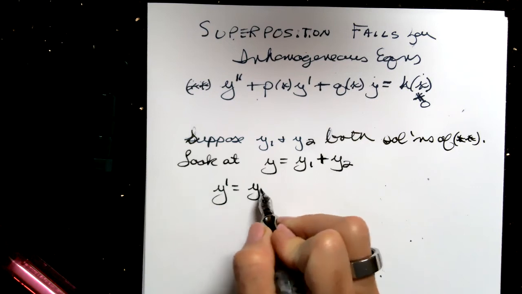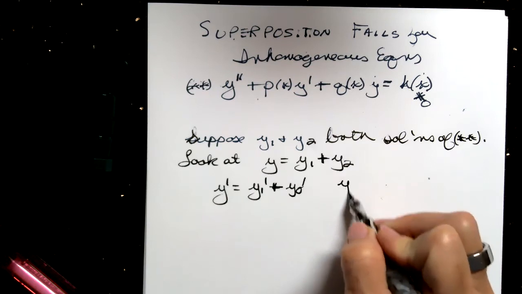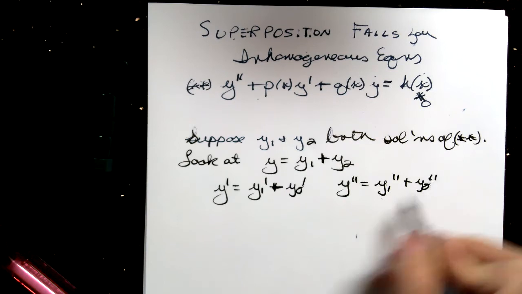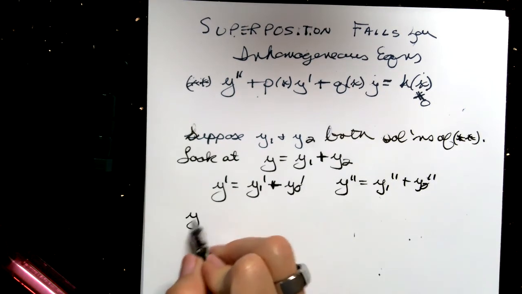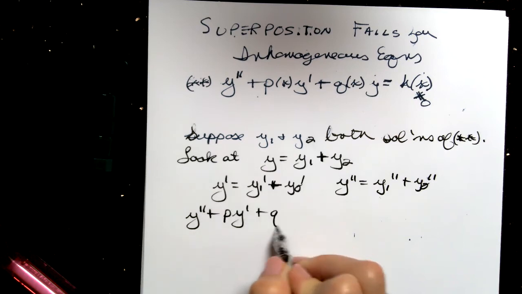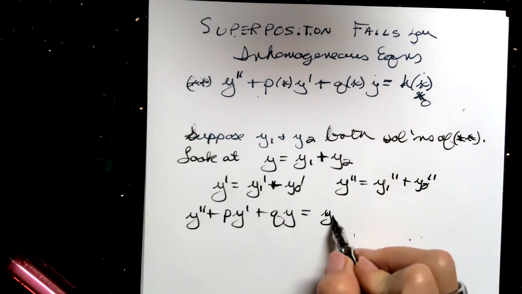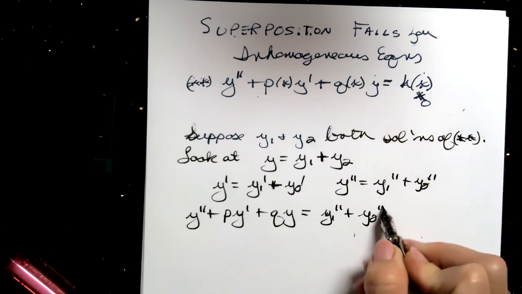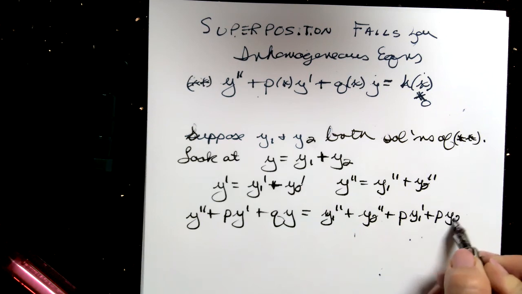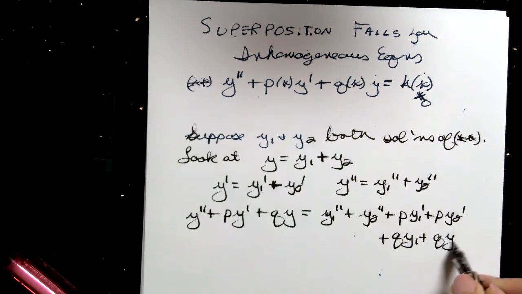Well, we already saw that y prime is y1 prime plus y2 prime, and we know our calculus 1. And y double prime is y1 double prime plus y2 double prime. So if I look at y double prime plus p y prime plus q y, I get y1 double prime plus y2 double prime plus p y1 prime plus p y2 prime plus q y1 plus q y2.